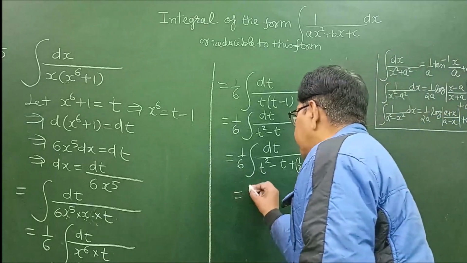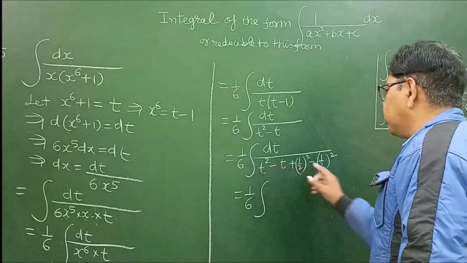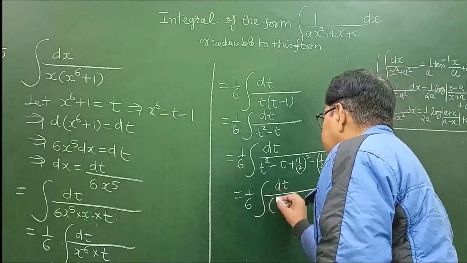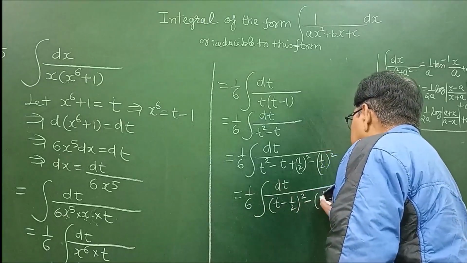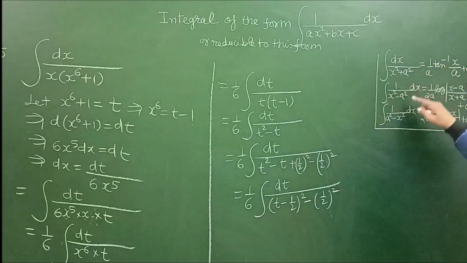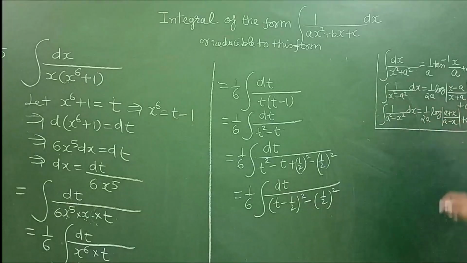So this is equal to 1 by 6, because the minus sign is here, it is a whole square of a minus b form. So I can write this as t minus 1 by 2 whole square minus 1 by 2 square. Now this integral has been reduced to the form 1 upon x square minus a square.